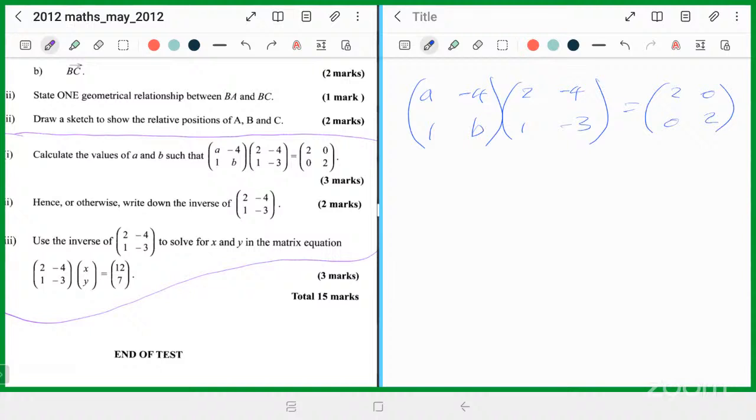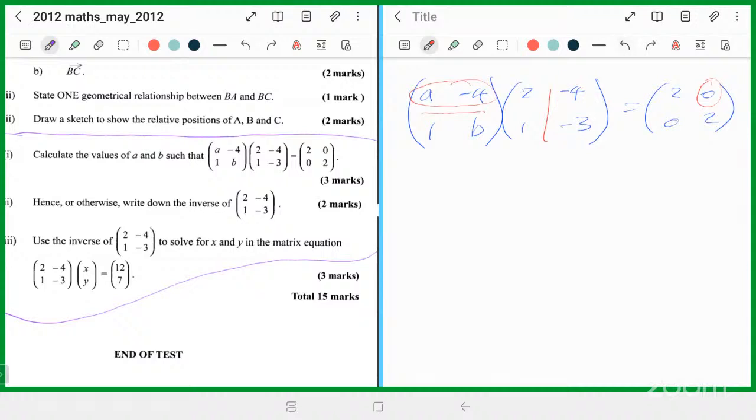So it means that when I multiply this matrix by this matrix, this is the result. All right? So the rows of this matrix times a column of this matrix equals that. Now, I know that this 2 is the product of this row and this column. I also know that this 0 is the product of this row and this column. So I could use any one of those 2 to get the answer for what A is.